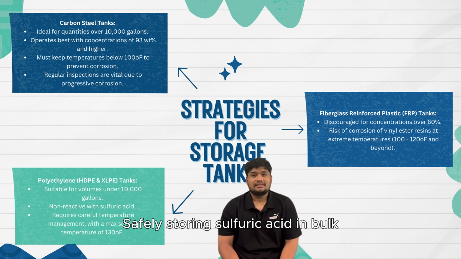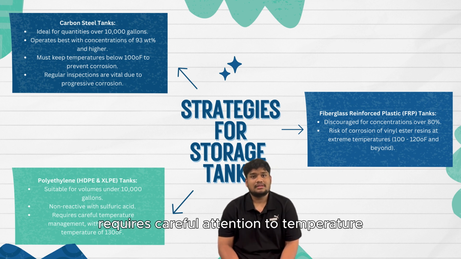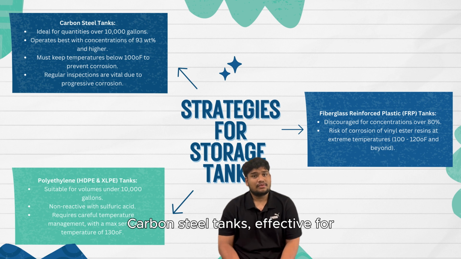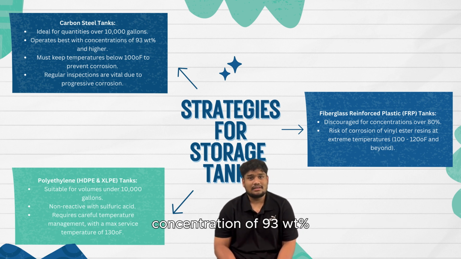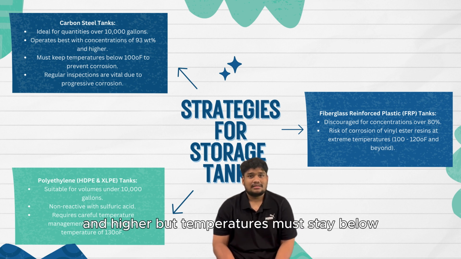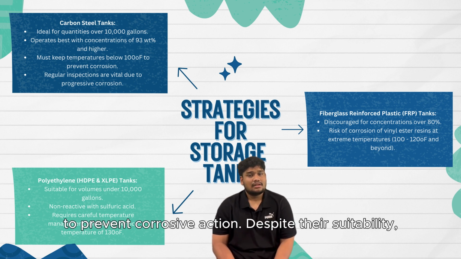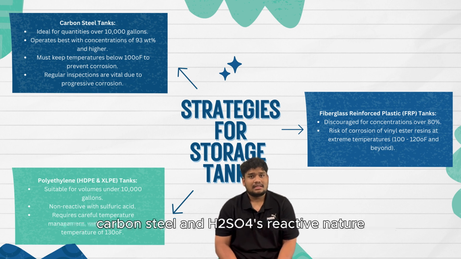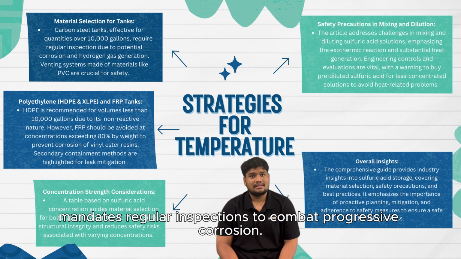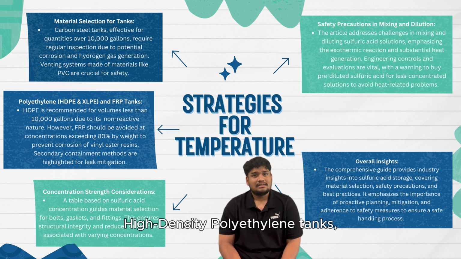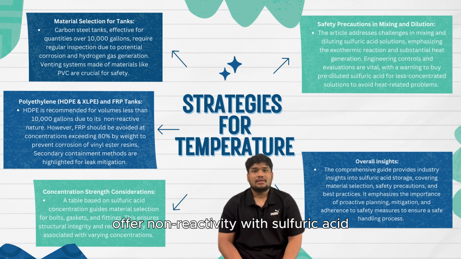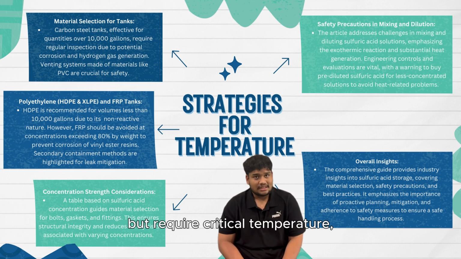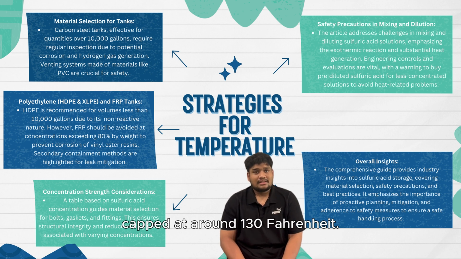Safely storing sulfuric acid requires careful attention to temperature considerations. Carbon steel tanks are effective for quantities over 10,000 gallons and operate optimally with concentrations of 93 wt% and higher, but temperature must stay below 100 degrees Fahrenheit to prevent corrosive action. Despite their suitability, carbon steel and H2SO4's reactive nature mandates regular inspection to combat progressive corrosion. In contrast, high-density polyethylene tanks, suitable for volumes under 10,000 gallons, are non-reactive with sulfuric acid but require critical temperature control, kept at around 130 Fahrenheit.